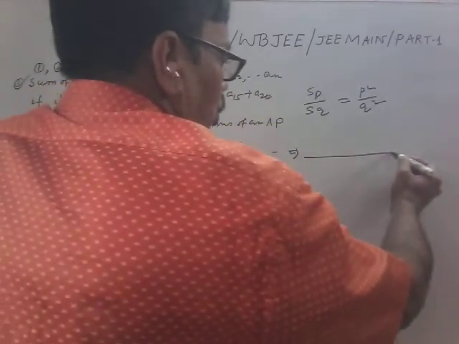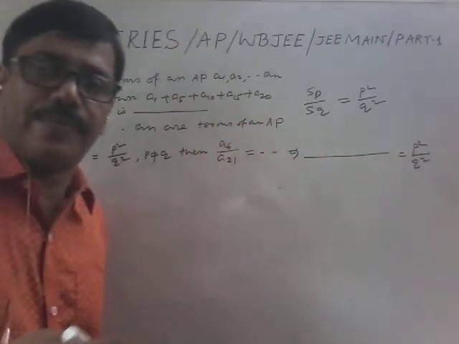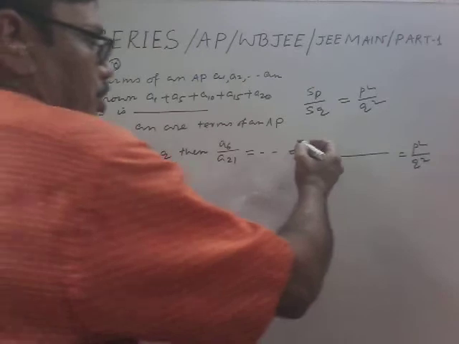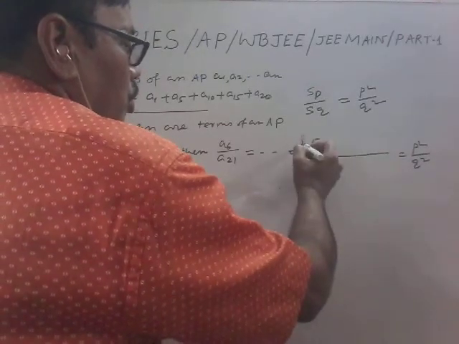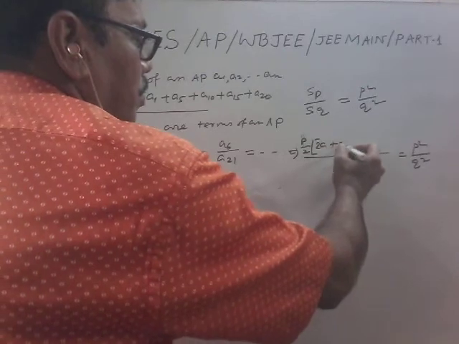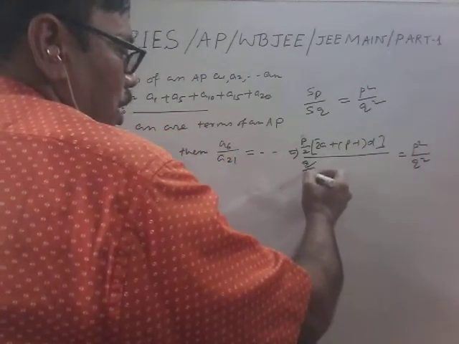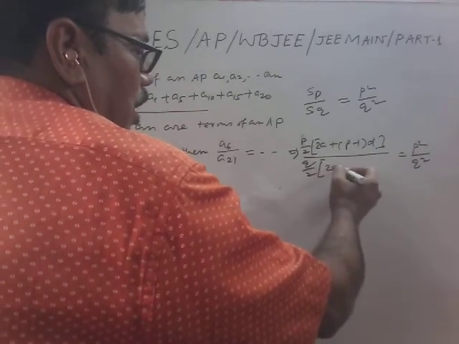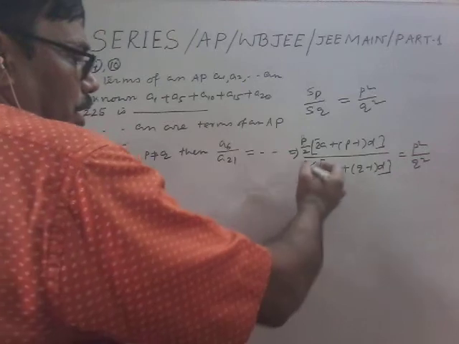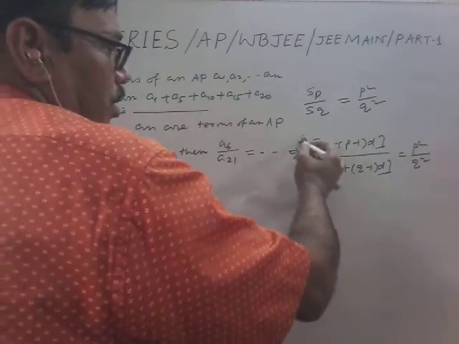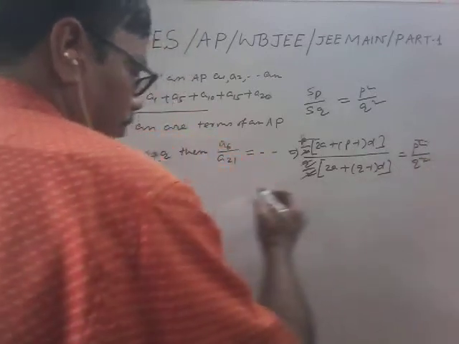Now, what is SP? SP is P by 2 into 2a plus P minus 1 into D, and this is Q by 2 into 2a plus Q minus 1 into D. So 2 cancels, P cancels, Q cancels.